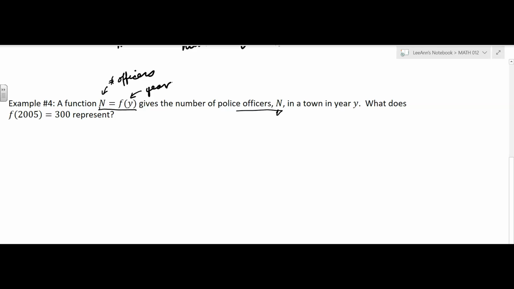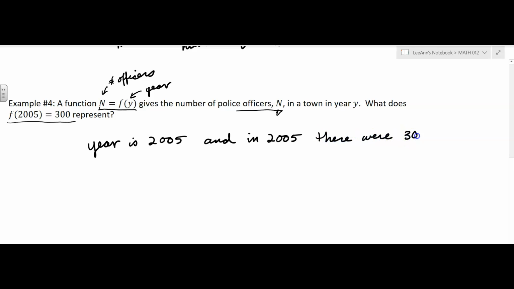Okay, so what does f of 2005 equal 300 represent, or what does that mean? Well, it means then the year is 2005, and in 2005 there were 300 police officers.